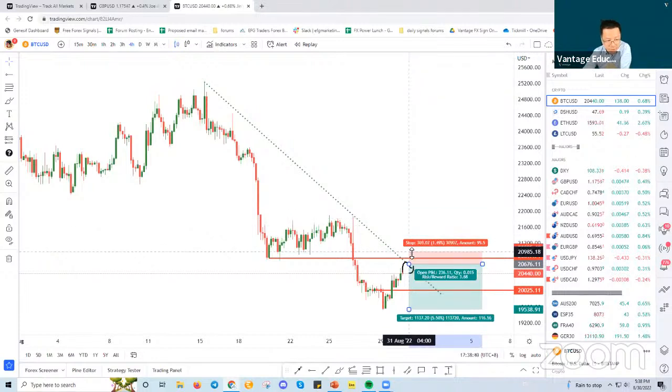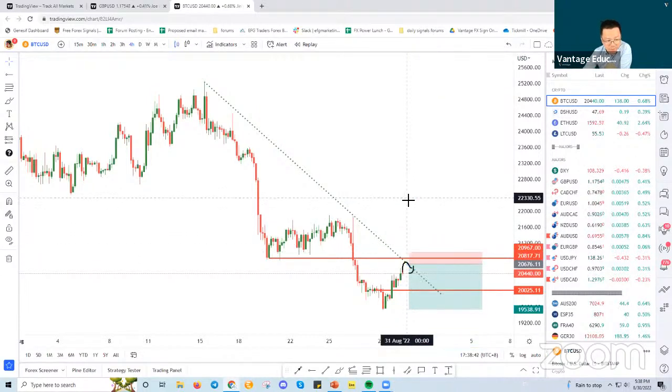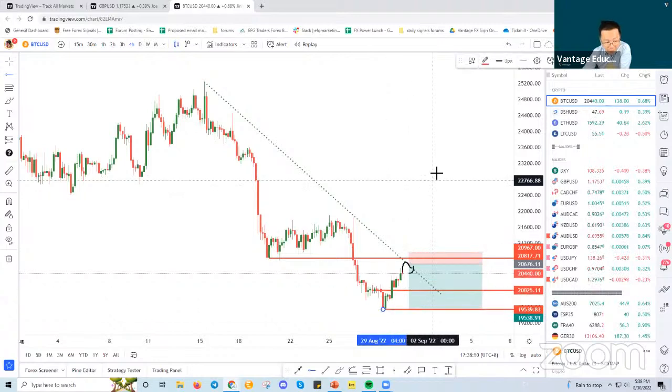Stop loss, again, remember, beyond the resistance. Take profit, in this case, we have a level there and also a low point at about 19,500.